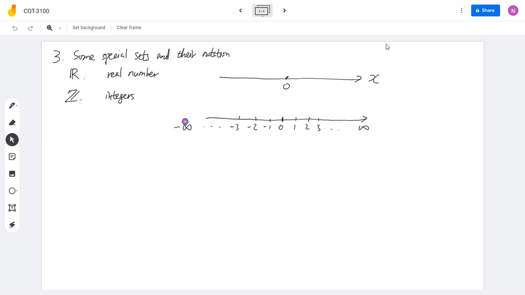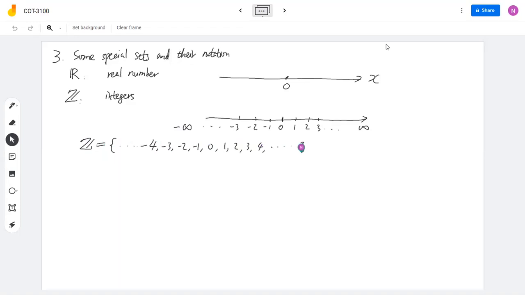So Z, if we use roster notation, should be something like this: ..., -4, -3, -2, -1, 0, 1, 2, 3, 4, and so on and so forth.